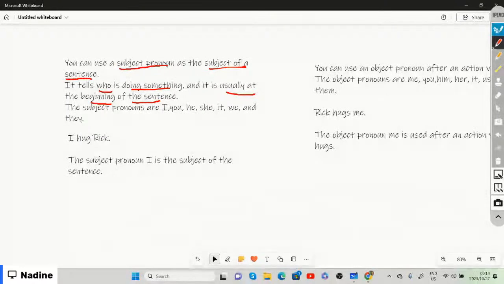The common subject pronouns are I, you, he, she, it, we, and they. So those are subject pronouns. If we look at an example, it says, I hug Rick.